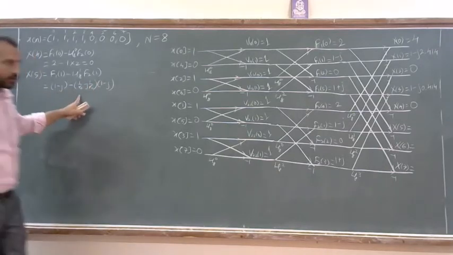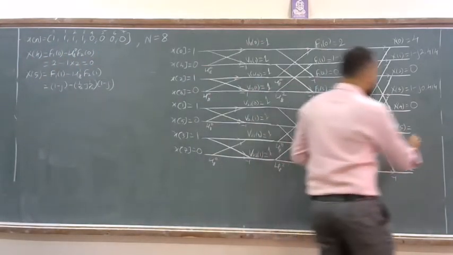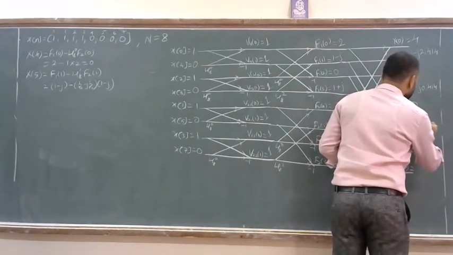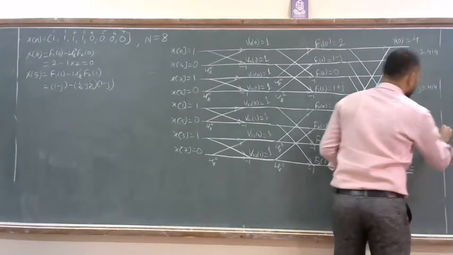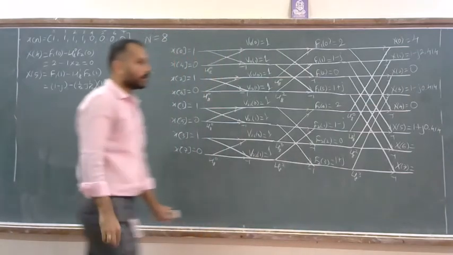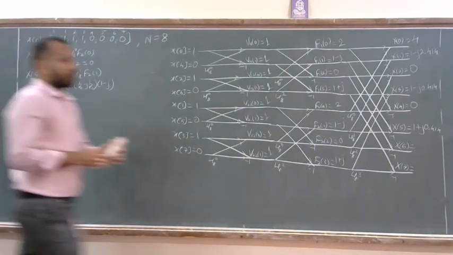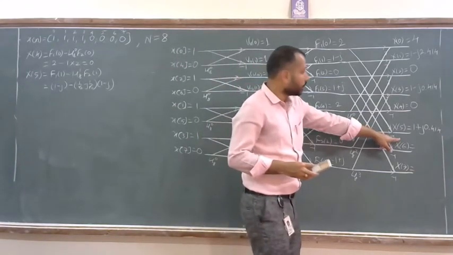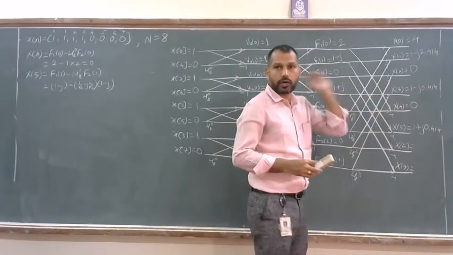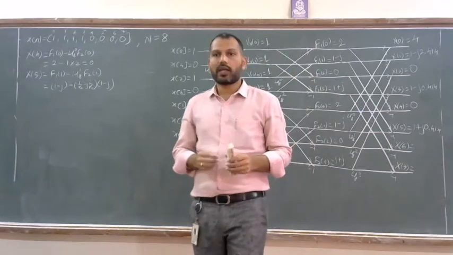Simplify this, we'll get 1 plus j 0.414, which will be the conjugate of x of 3 according to the symmetry property of the DFT.